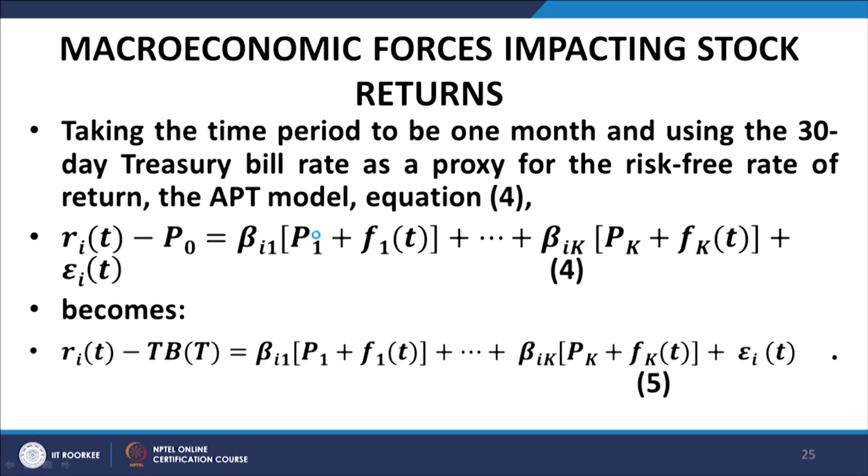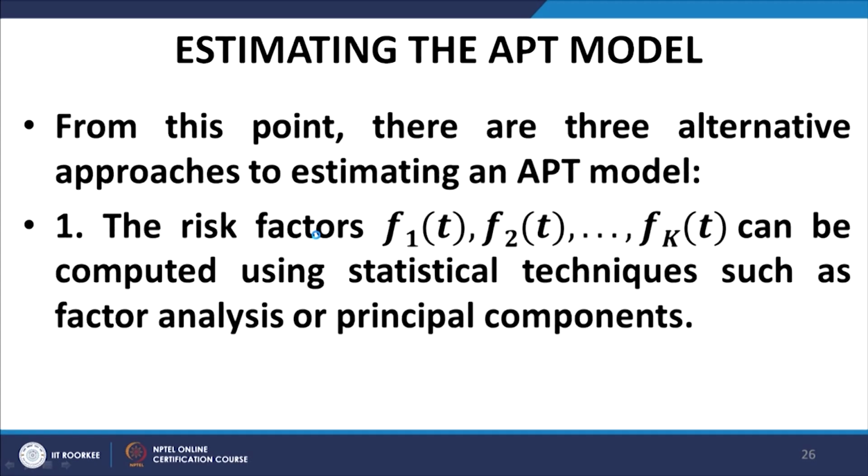And when we substitute P 0, which represents the risk free rate, with the return on the 30-day treasury bill, because our time horizon is 30 days, then we can write equation number 4 as equation number 5.